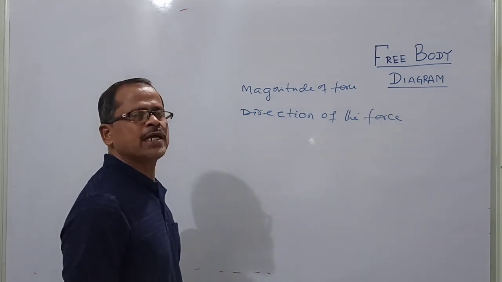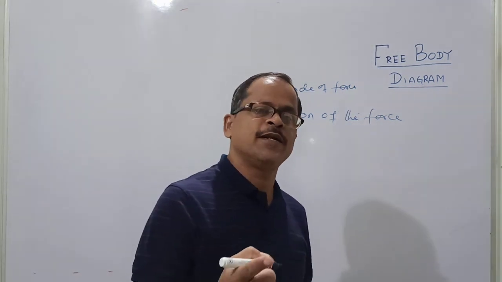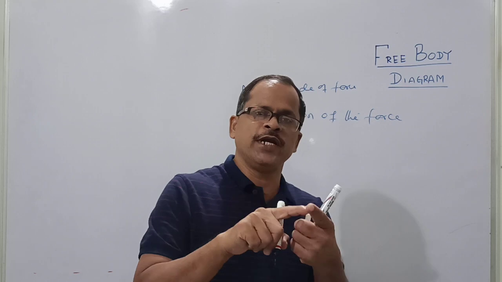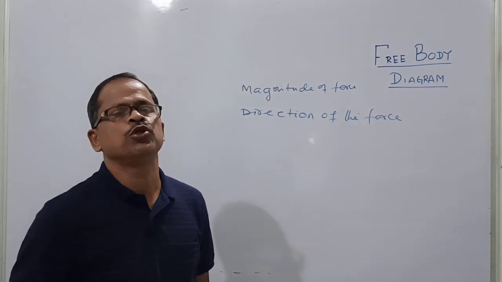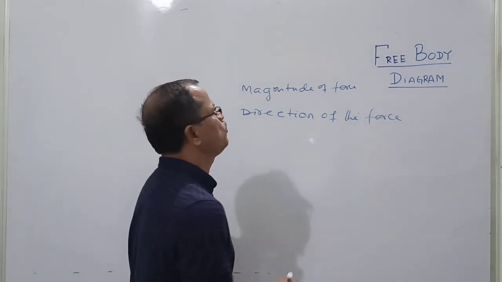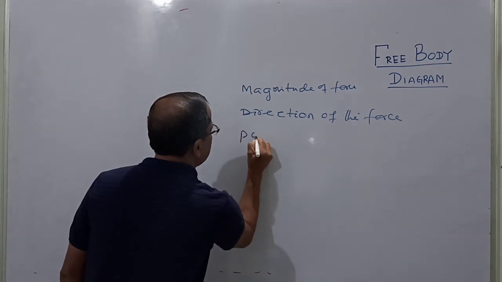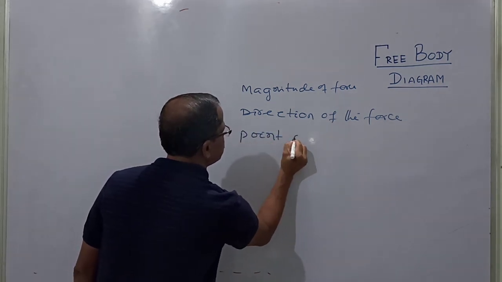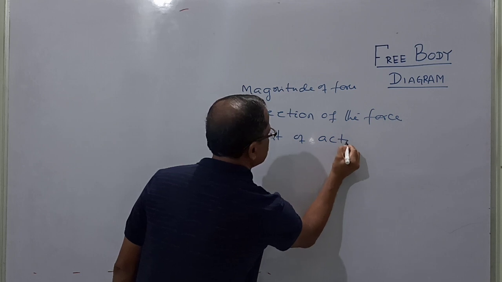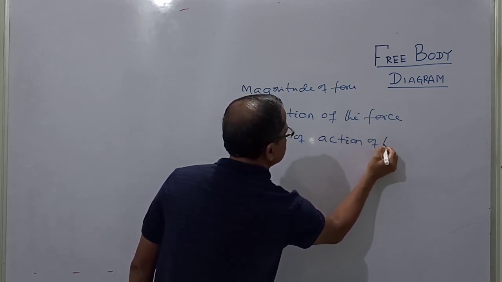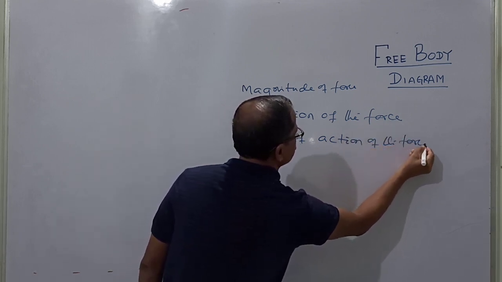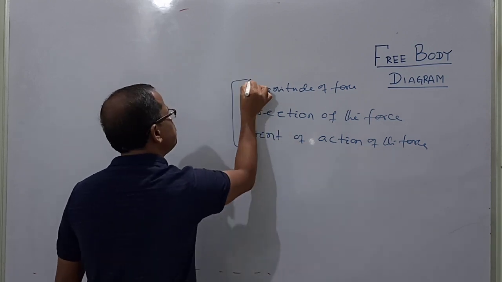Then after getting magnitude and direction, the next important point is at which point exactly the force will be acting. That is called the point of action of the force. So these three are very important.